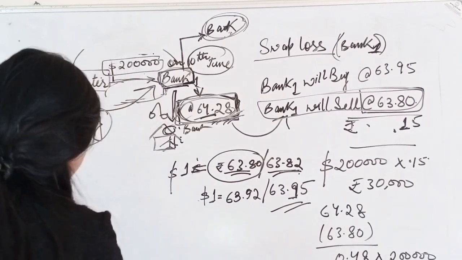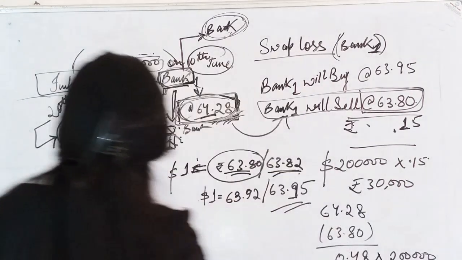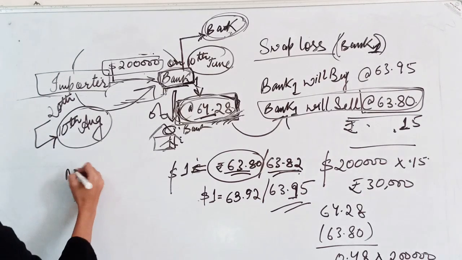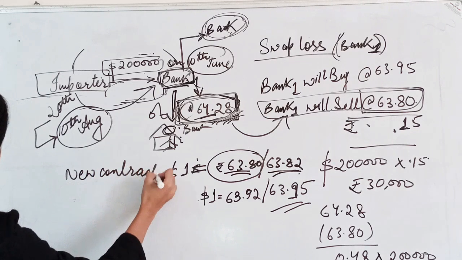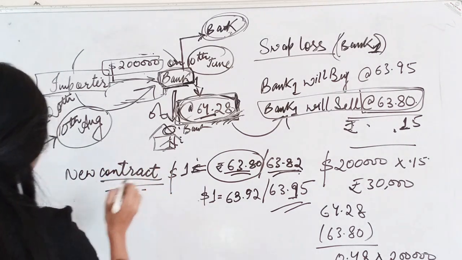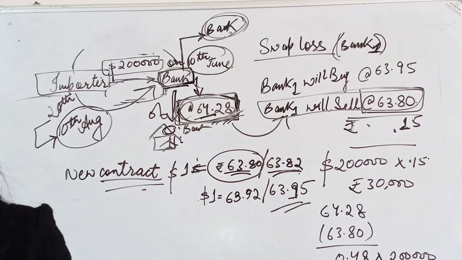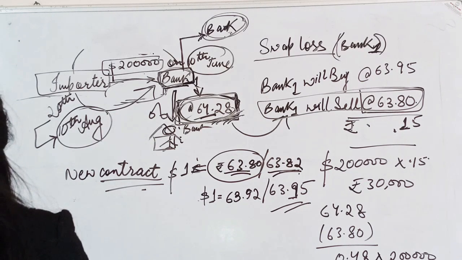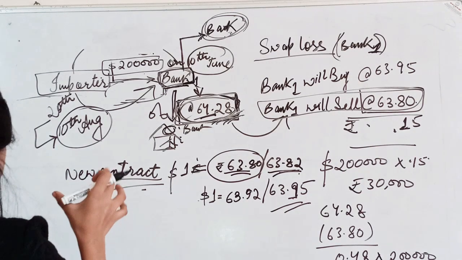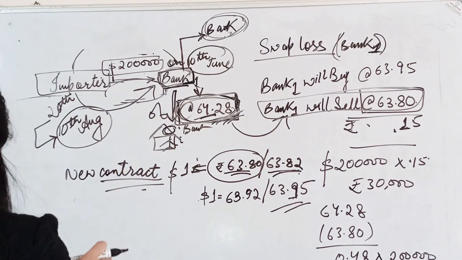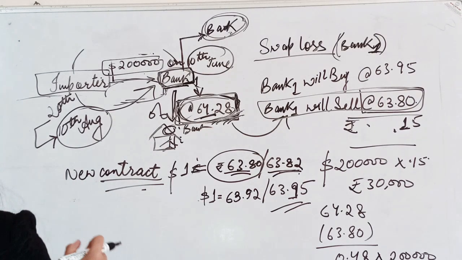So, new contract rate. This new contract is happening on 20th of June when the cancellation is occurring. When the cancellation has been done, fine. So on 20th of June, in the column of 20th June, we have to go for the rate of August.